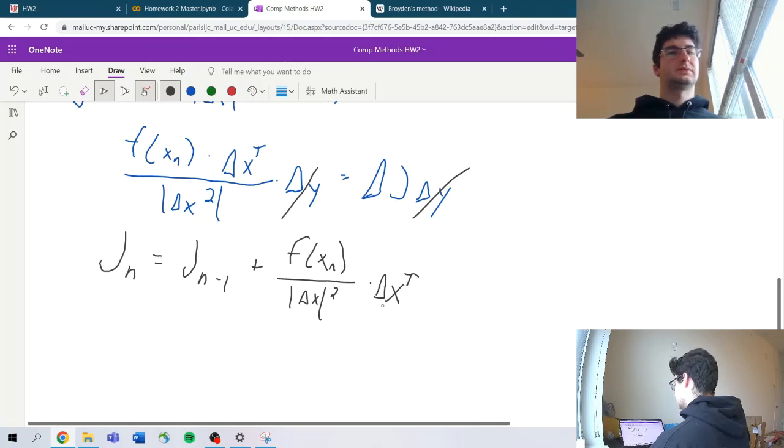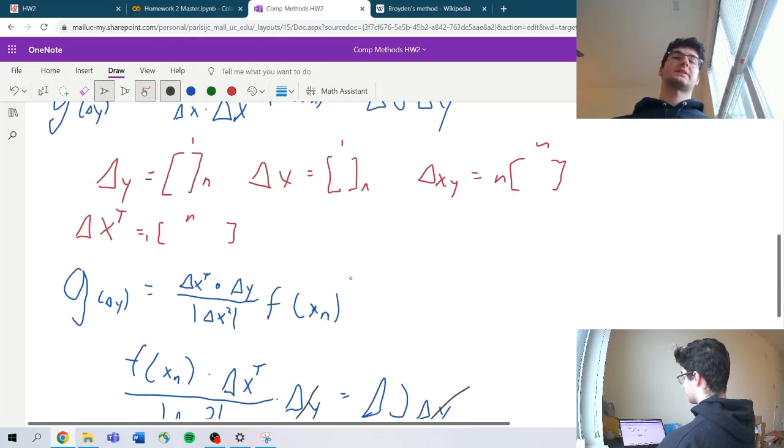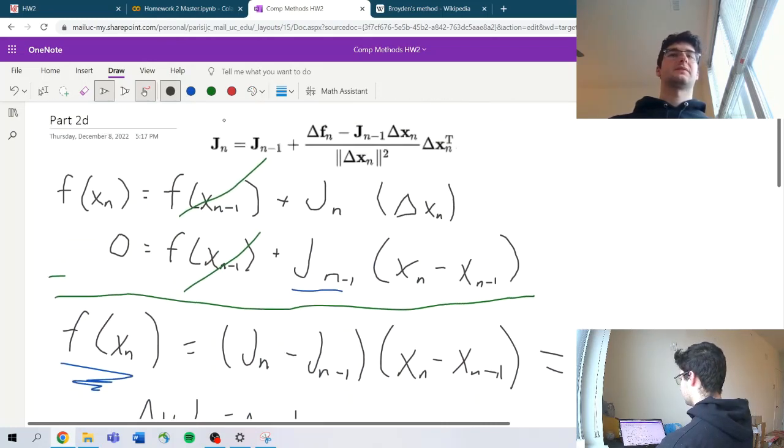So this looks very similar to the final answer, and the only difference so far is this numerator. We had just f of x to the n, and the final answer has the change in f of x minus the Jacobian times the change in x.